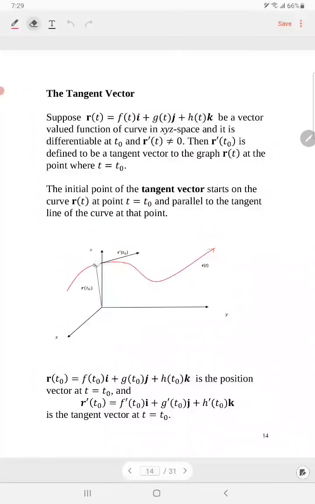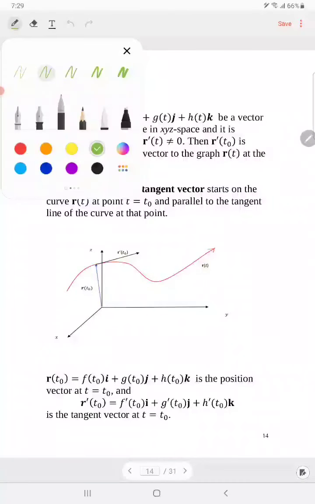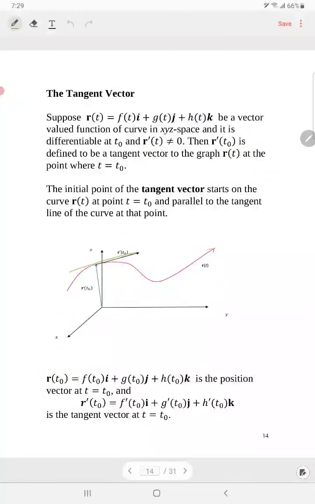And r prime at t naught is defined to be the tangent vector to the graph. So at this point, we have a tangent line. So this is our tangent line on this curve. Your tangent vector is parallel to the tangent line of the curve at that point.